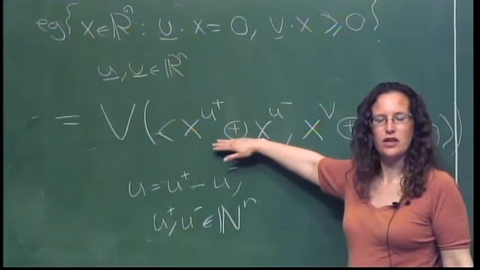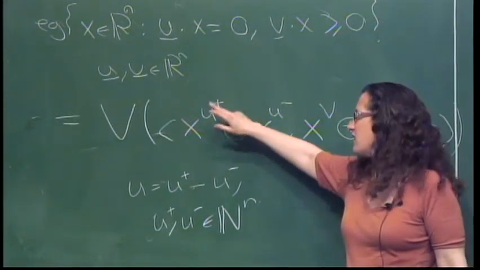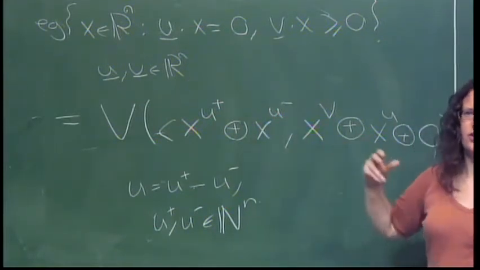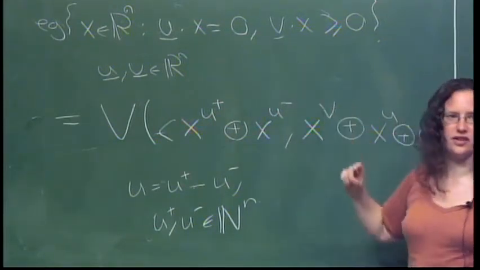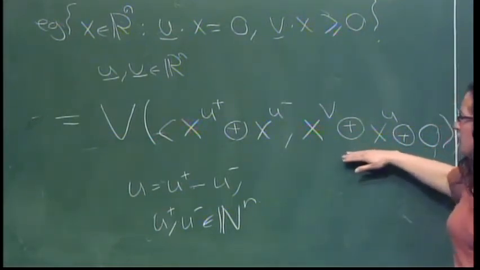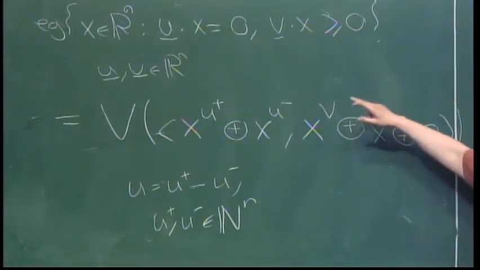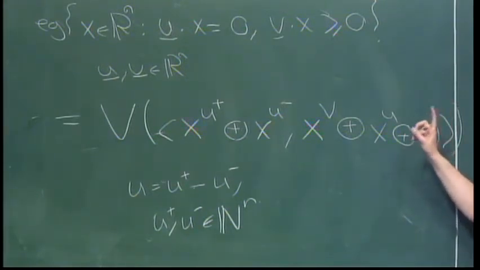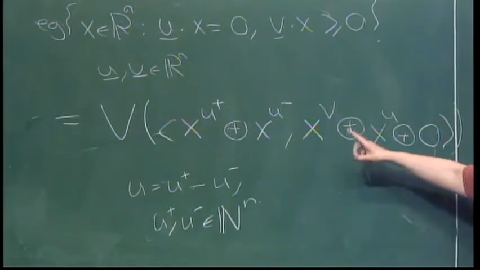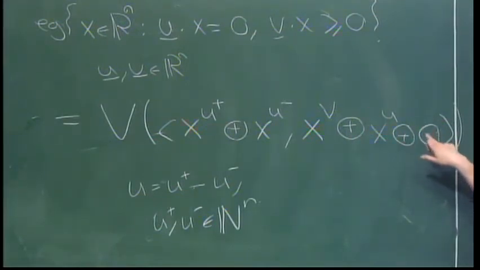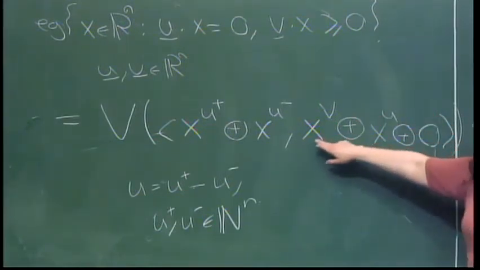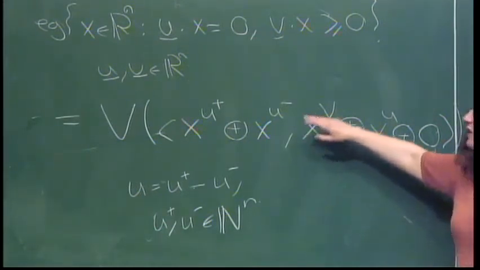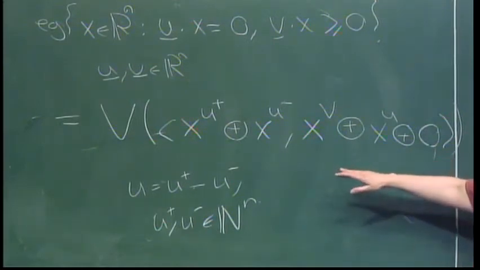Being in the variety of this binomial just means that w dot u+ equals w dot u-, or in other words, w dot u is 0. Being in the variety of the second means that the minimum of w dot v, w dot u, and 0 is achieved at least twice. But we just said that w dot u was 0, so w dot u and 0 are achieved twice, so this one must be non-negative. This can't be the minimum. So we're saying this set equals this variety.